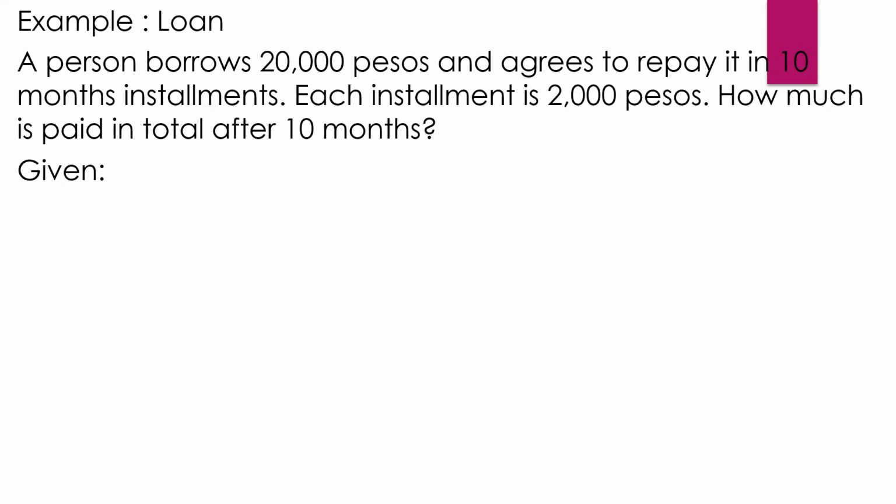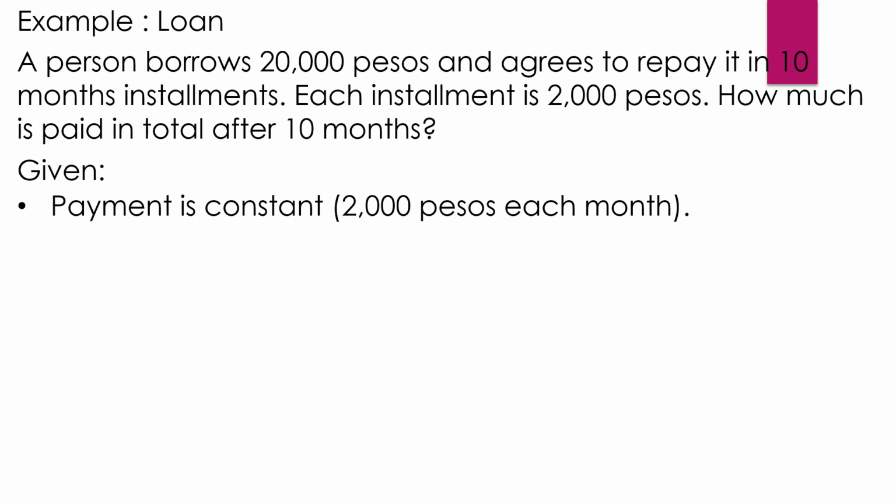It already mentioned in the problem that the installment period is 10 months, and each month the installment is 2,000 pesos only. So our payment is constant. We're paying the same amount for 10 months. So it only means that this problem uses arithmetic series.